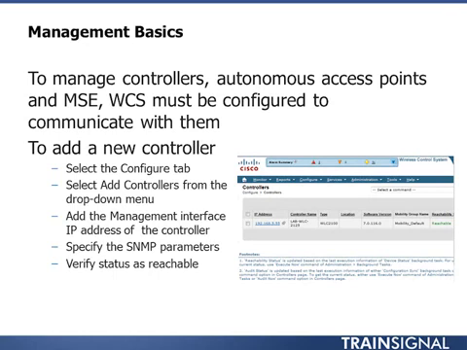And one of the things you want to verify is if you look right on the right side of this picture, you'll see the word in green, reachable. So you want to make sure that this is reachable, and at this point in time the wireless control system is now managing that controller, and you can start driving down your configuration changes, etc., from your central wireless control system.